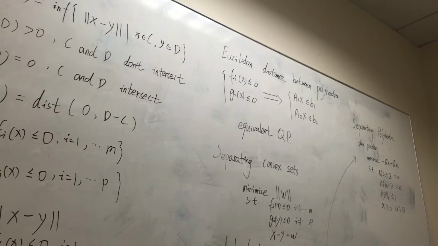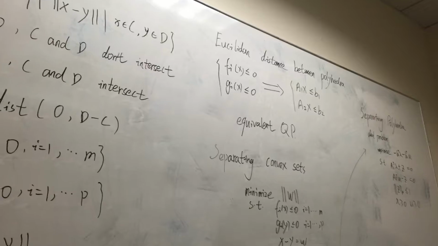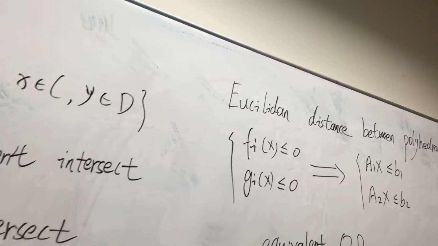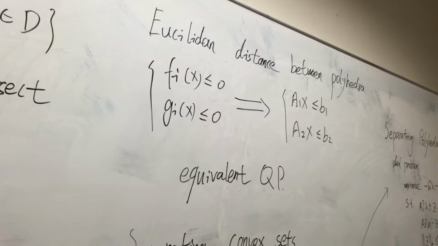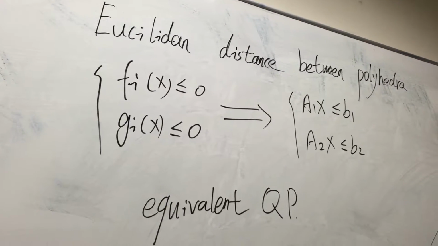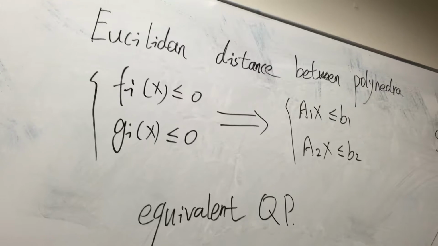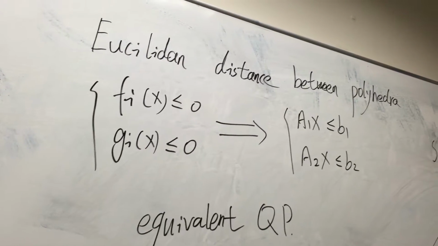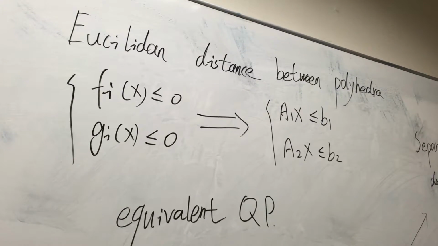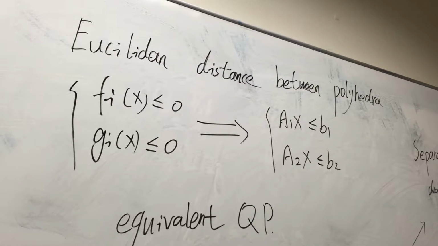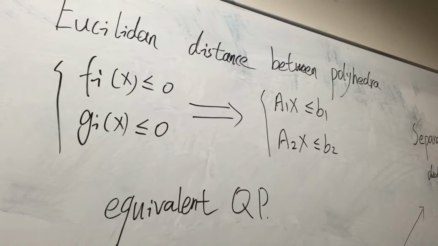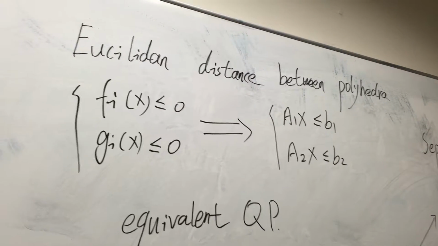And next, the distance between polyhedra. Let C and D be two polyhedra described by sets of linear inequalities, A1 x is smaller than or equal to b1, and A2 x is smaller than or equal to b2 respectively. The distance between C and D is the distance between the closest pair of points, one in C and the other in D, as illustrated in the picture.